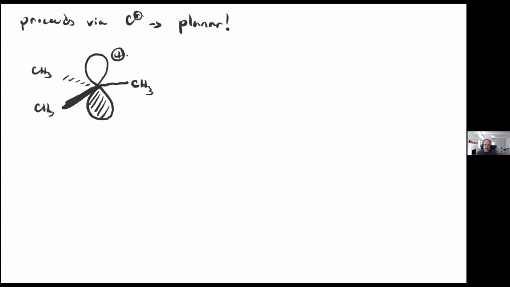And my nucleophile can come in and attack on either face of the cation. We're doing this in methanol, and I can attack from the bottom, and I can attack from the top.